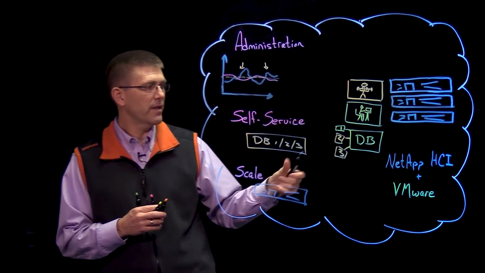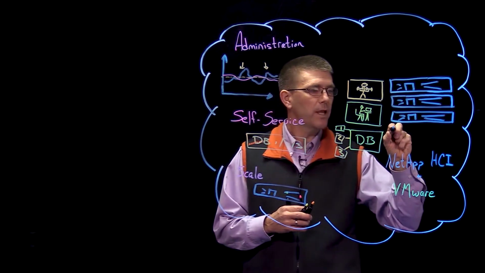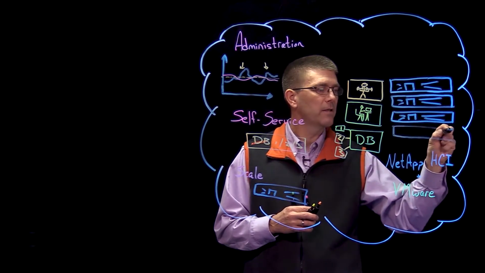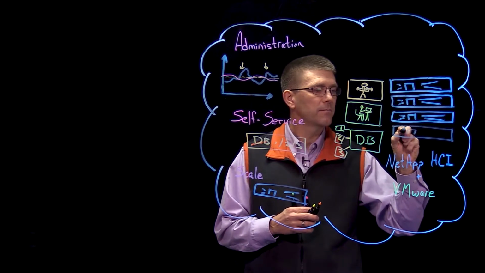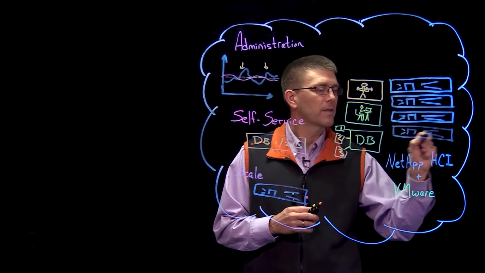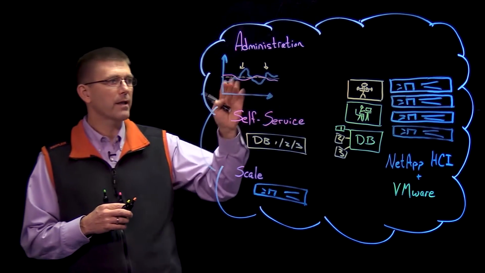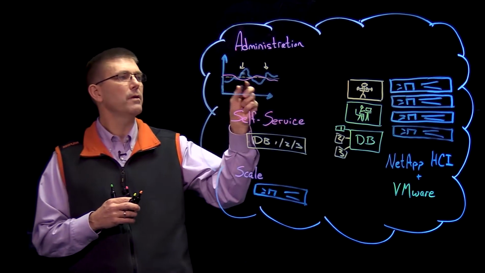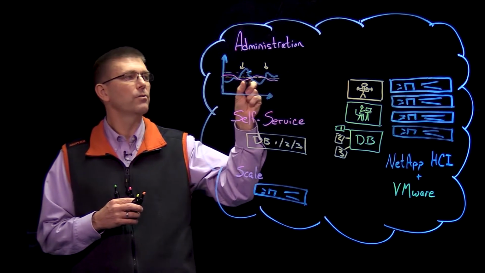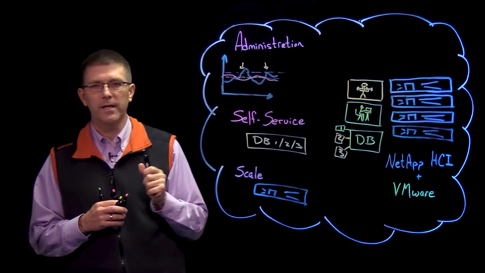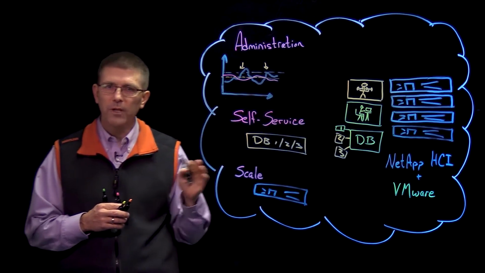So in this case, I see that I need to add some more compute and a little bit of storage, and I'm able to do that here within a single box. And I do that, and now I'm able to get my environment back and happy, and now maybe these lines come down, and now I've got a new line across here, and everybody's back to normal and happy.